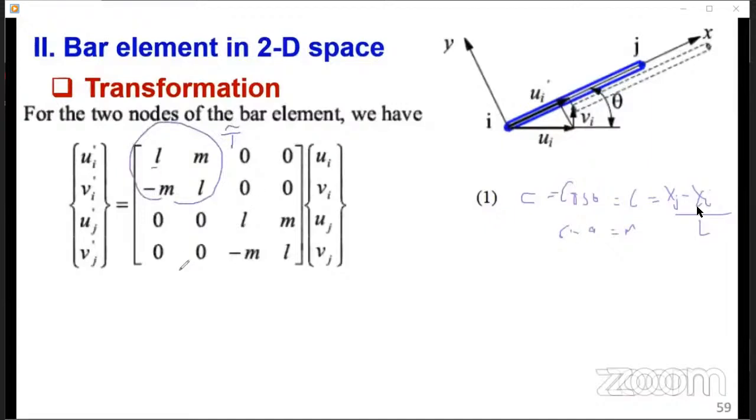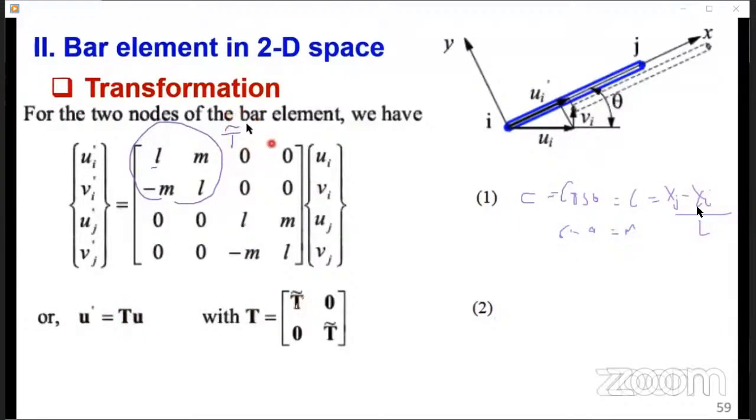So our equation can further be written, from the local coordinate system, remember this is in bold, so it means it's a matrix, u prime, we multiply the global quantities by a transformation matrix T. Now this overall T is composed of the node transformation matrix T tilde, T tilde. You can see this component here is the same component here. So this is in compact form.